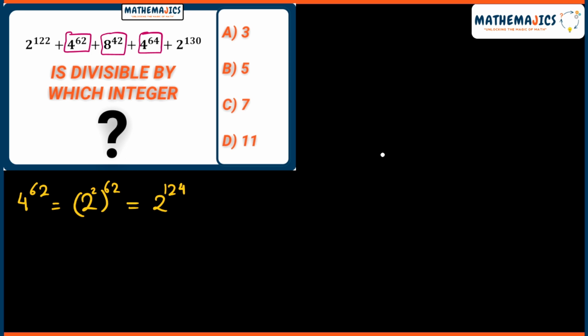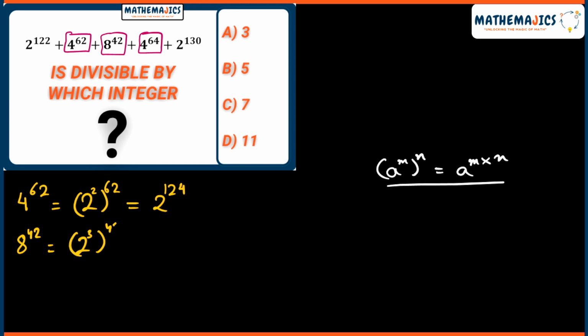How? I am using an exponent rule. If we have a raised to power m raised to power n, the powers get multiplied, m times n. This is the rule that I am using. The similar rule I'll be using for the next two terms, that is 8 raised to power 42. So how can we write 8? We can write it as 2 raised to power 3 raised to power 42.